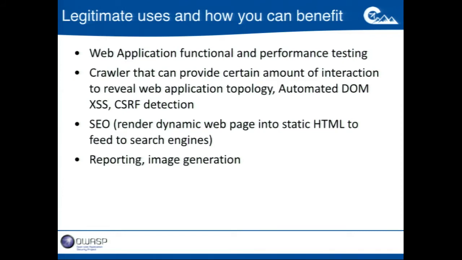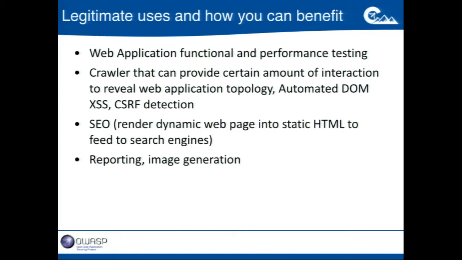Phantom.js is very popular for functional and performance testing among web developers. You can also use Phantom.js to crawl a page. For example, if the page has dynamic content, you have to actually run the JavaScript on the page before you can review the topology of the website.